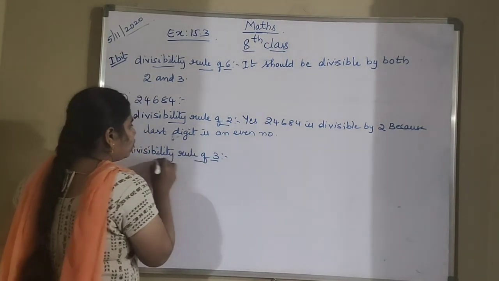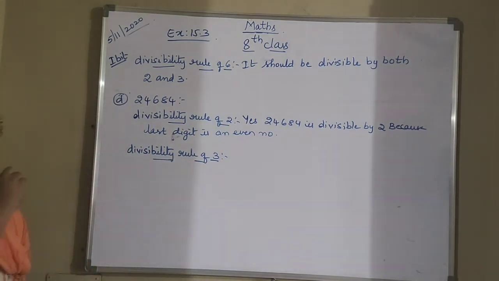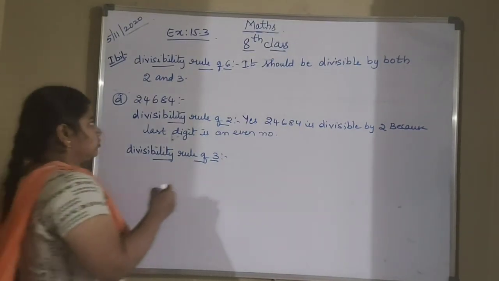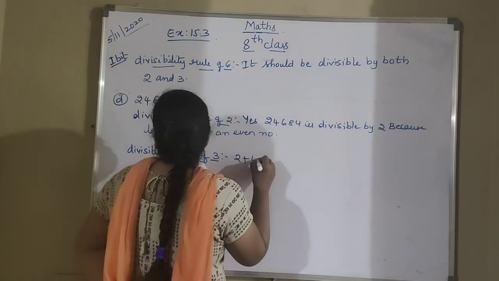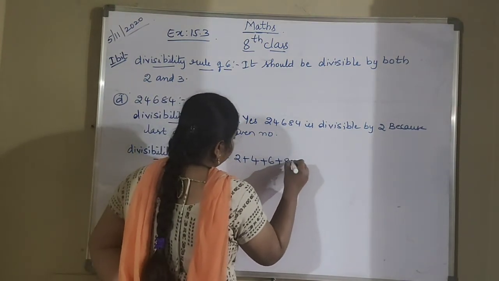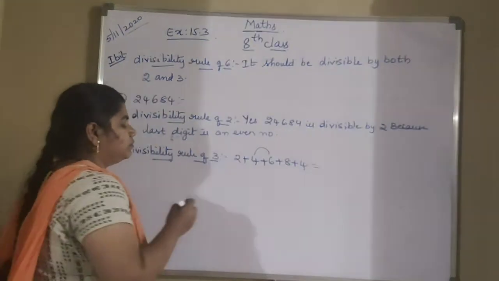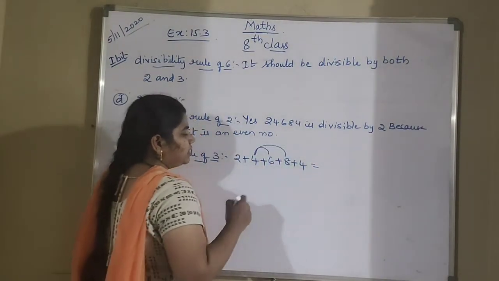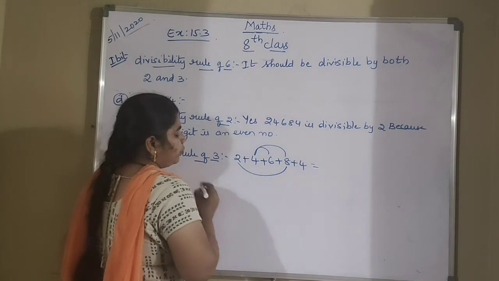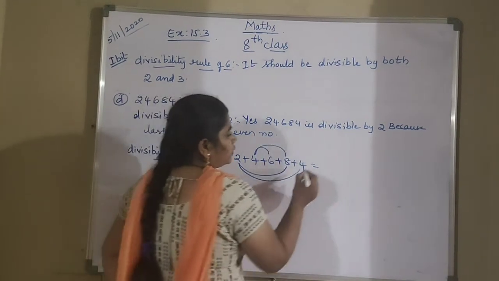So we have to add all the digits. That is 2 plus 4 plus 6 plus 8 plus 4. How much will it be? 6 plus 4 is 10. 10 plus 8 is 18. 18 plus 2 is 20. 20 plus 4 is 24.